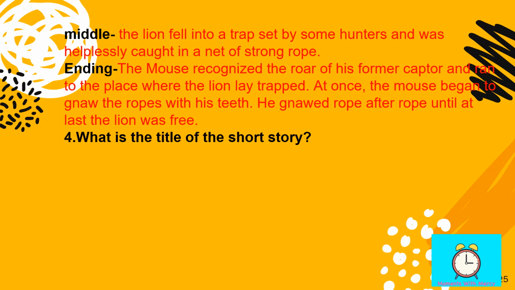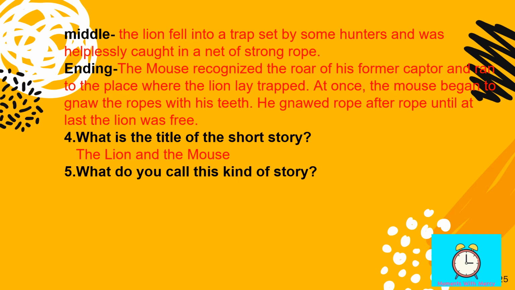Now, what is the title of the short story? Yes, you're right. The title of it is The Lion and the Mouse. Now, what do you call this kind of story? Is it fiction or non-fiction? Yes, you're right.